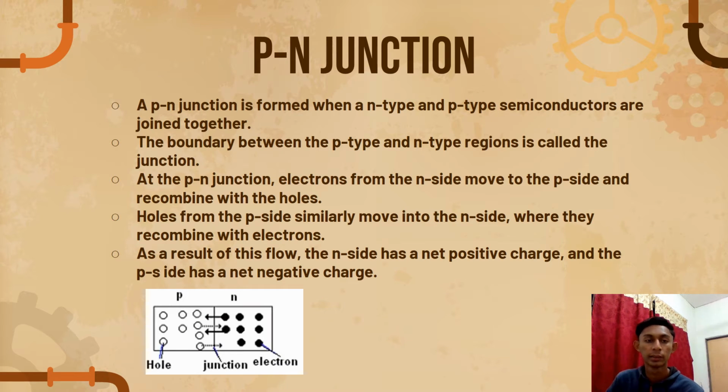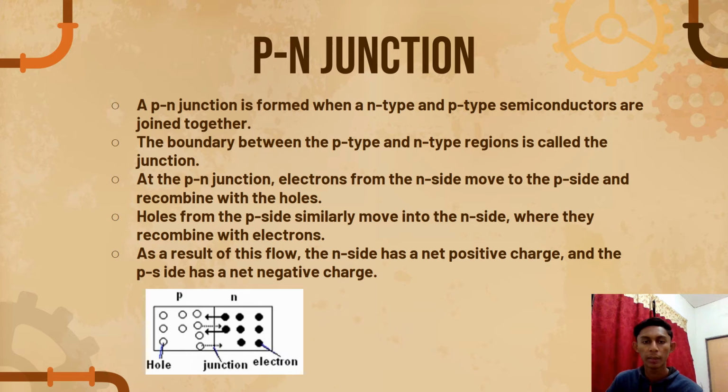P-N junction. A P-N junction is formed when an N-type and P-type semiconductor are joined together. The boundary between the P-type and N-type region is called the junction. At the P-N junction, electrons from the N side move to the P side and recombine with the holes.